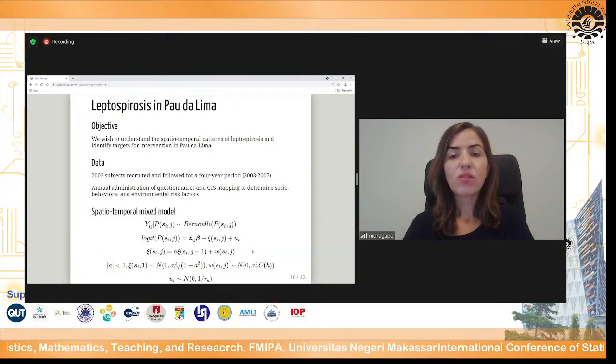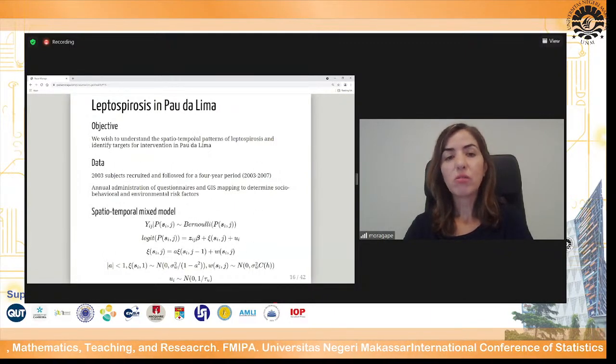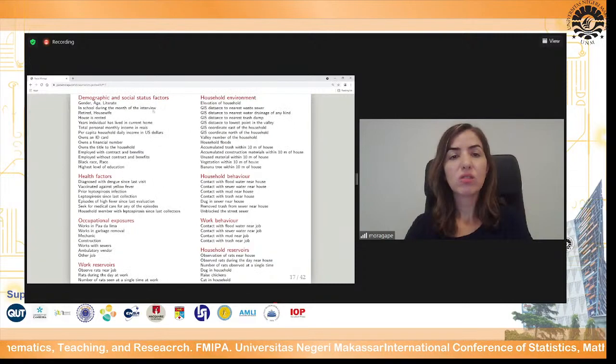Then for the fixed part of the model, we collected all of these variables. These are grouped in 8 groups.